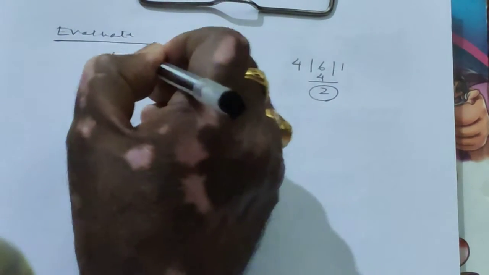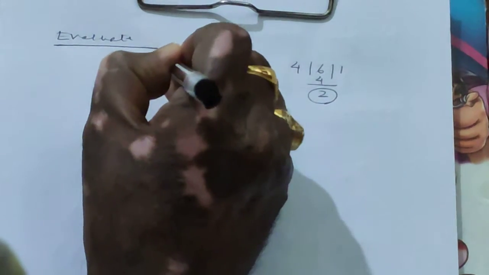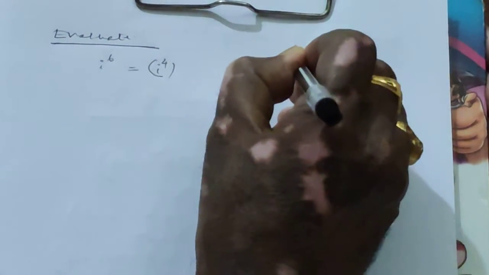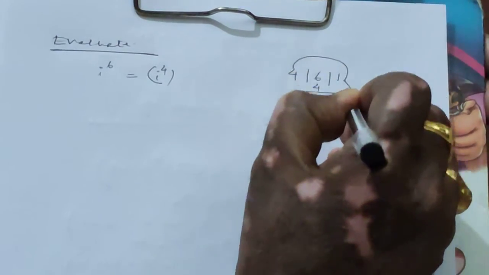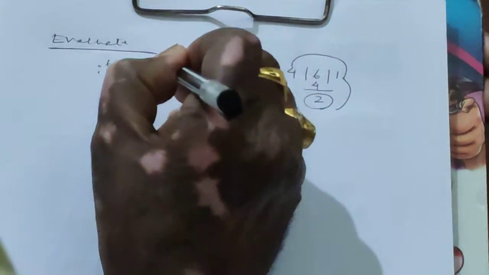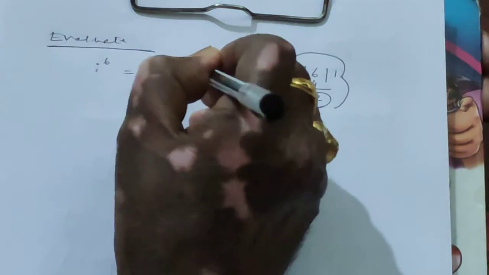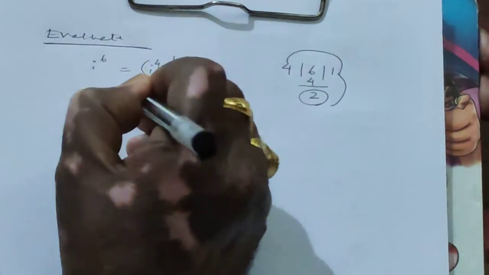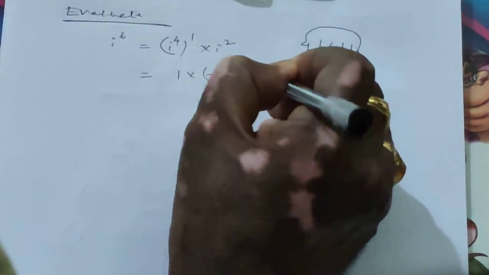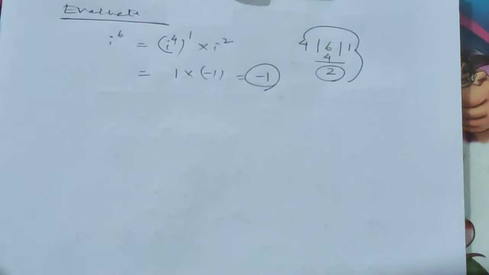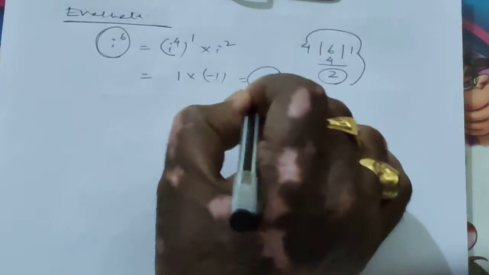So we can write i to the power 6 equals i to the power 4 to the power 1 into i square. i to the power 4 is 1, into i square is minus 1. So i to the power 6 equals minus 1.